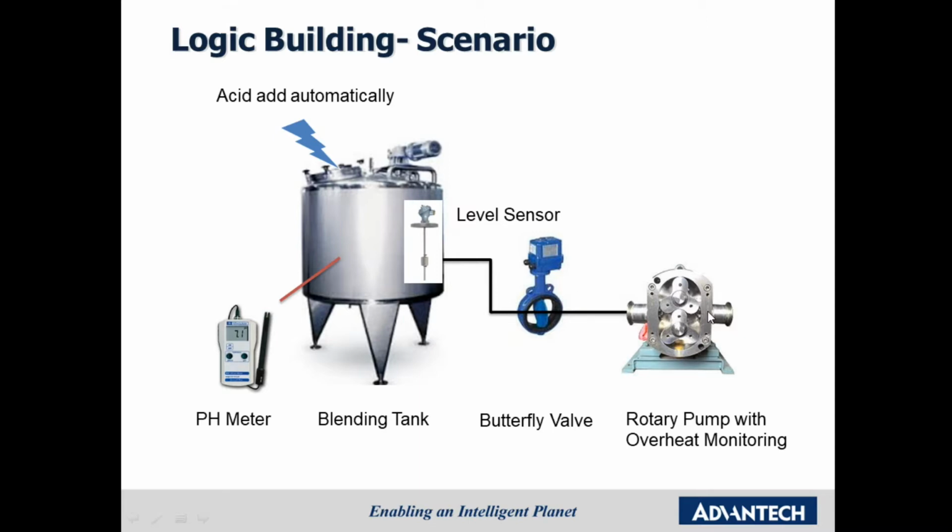And another pump with overheating monitoring will also give us some information to turn on or turn off this valve. So one is the water level, another is the temperature and pH meter.